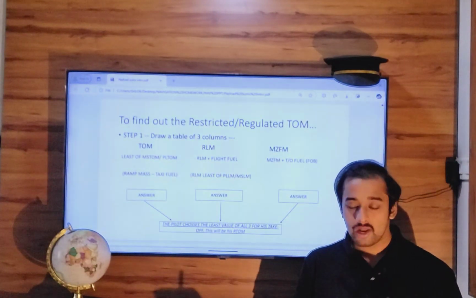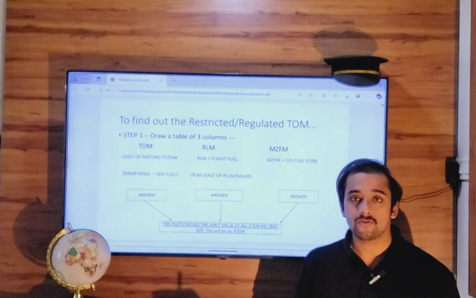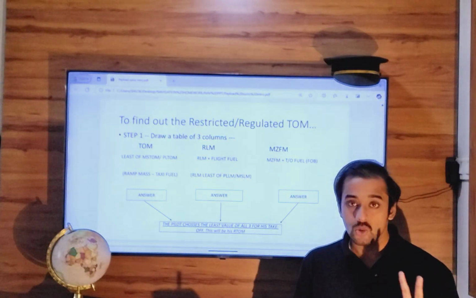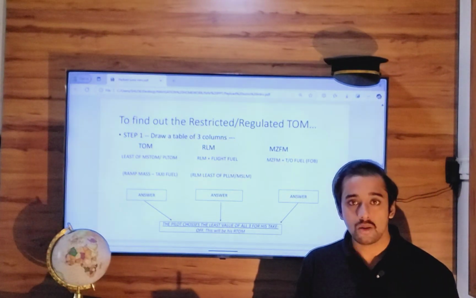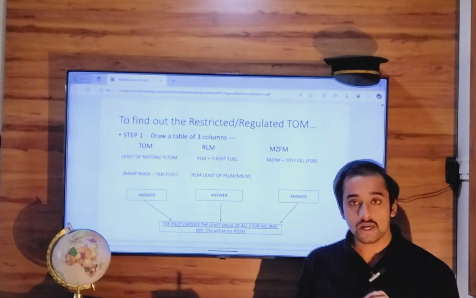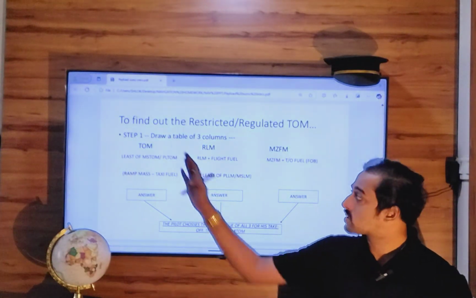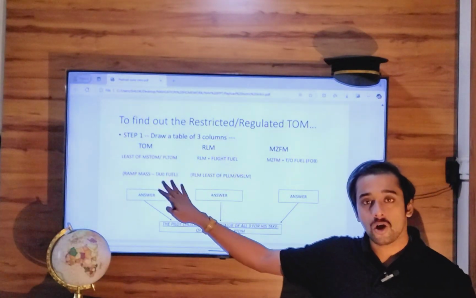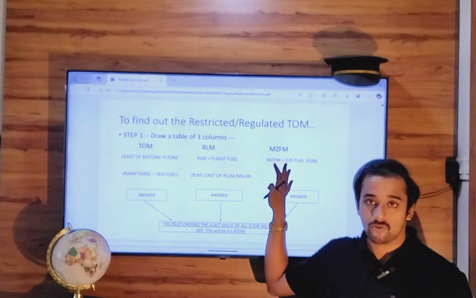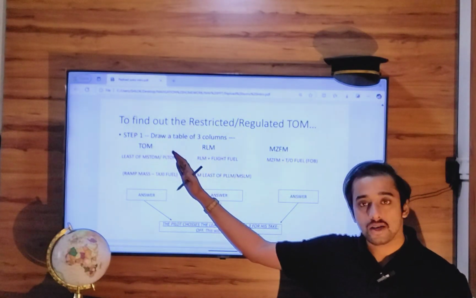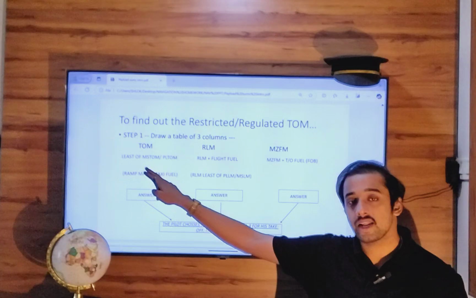To find out the regulated takeoff mass or restricted takeoff mass with which you can do your flight, there are two steps you have to follow. Step number 1 is draw a table of 3 columns. One for takeoff, one for landing, and one for zero fuel. In the column of takeoff mass, you have to write the value which is given in the question.